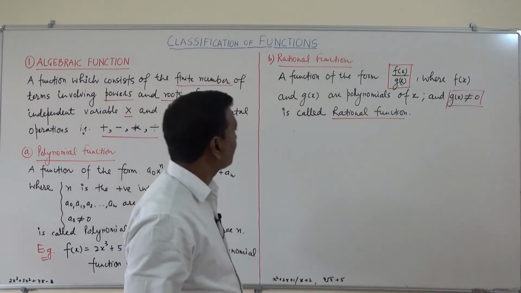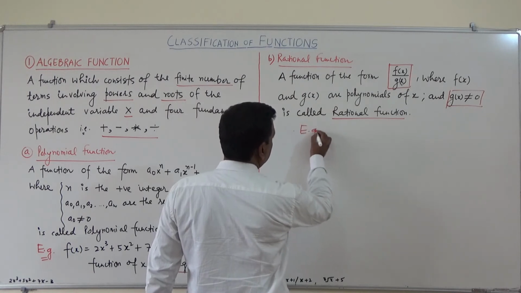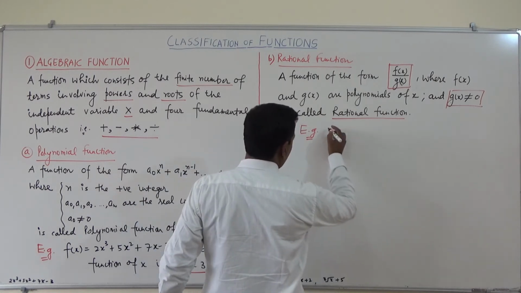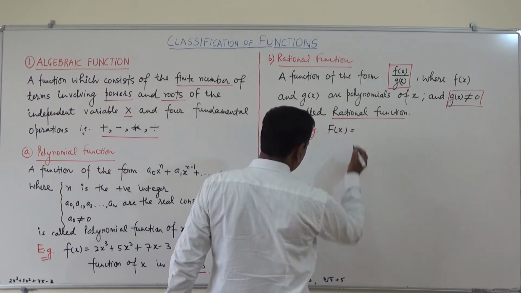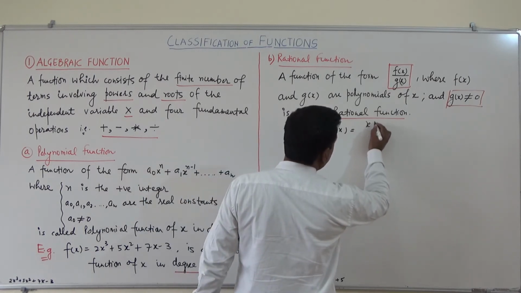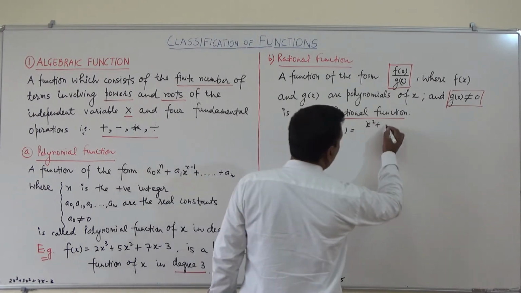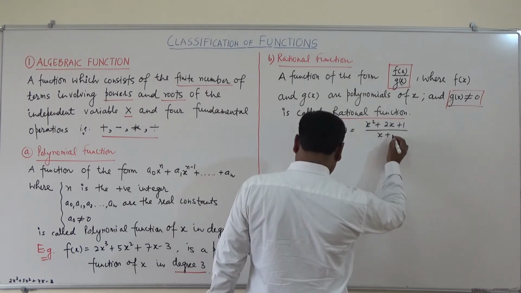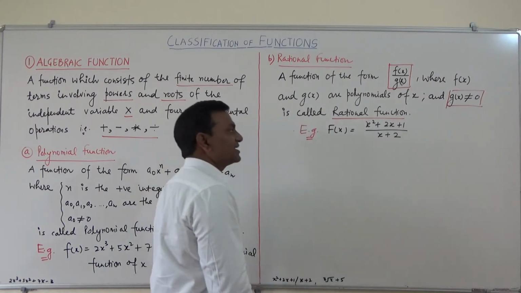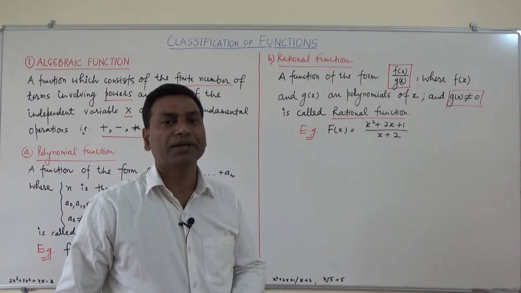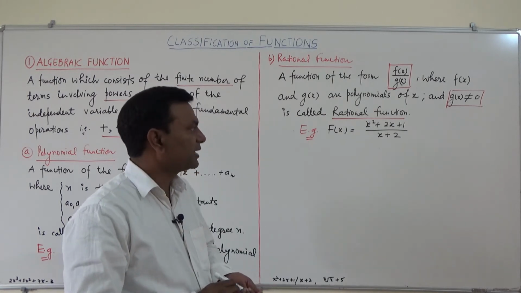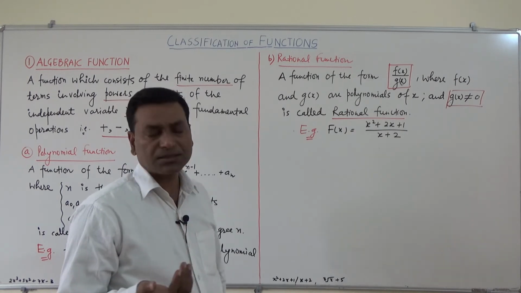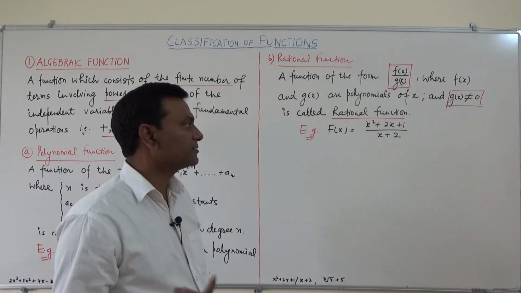For example, we can take any example, suppose fx equals to x square upon 2x plus 1 upon x plus 2. So this is any example of rational function. We can take any example, like x square plus 1 upon something, x cube plus x plus 2 upon something, and so on.